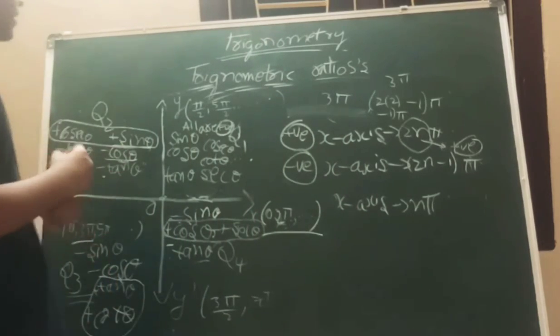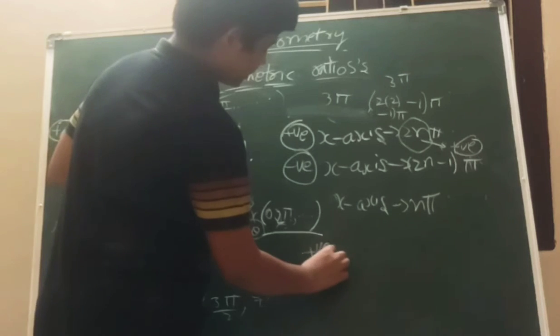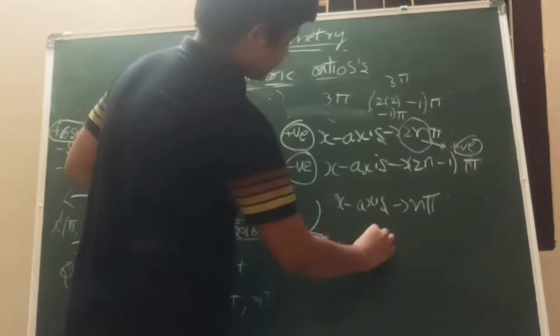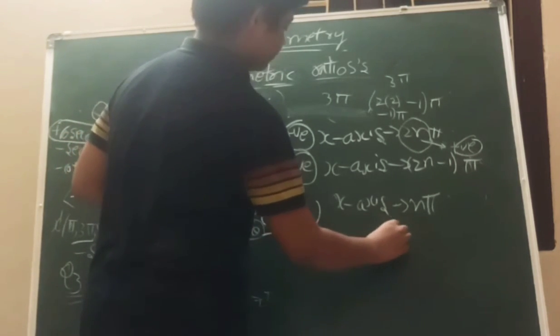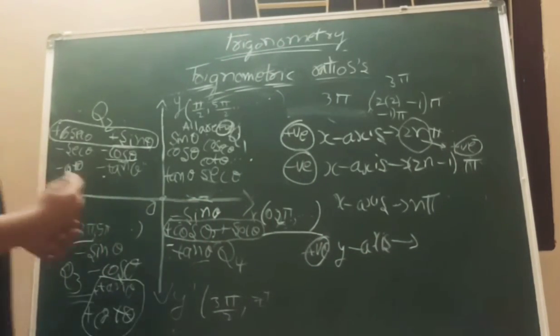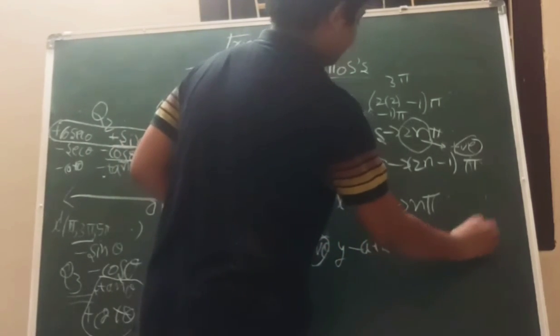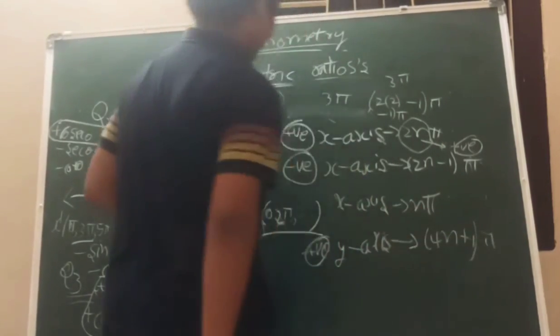And now let us discuss the positive y-axis. The general form of the positive y-axis is (4n plus 1) into pi by 2.